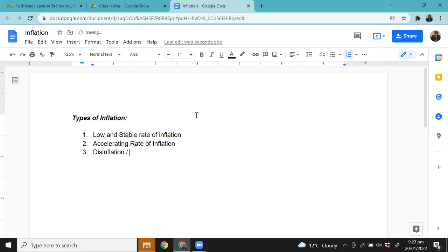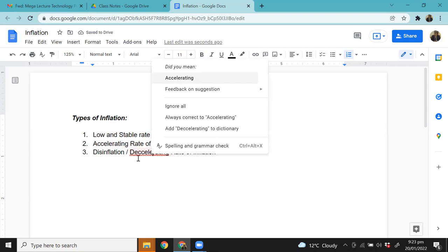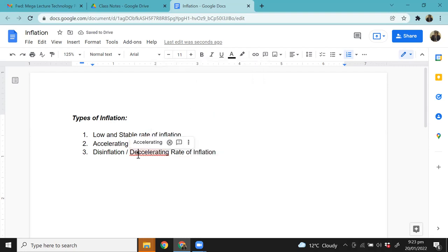Which can also be called decelerating inflation, right? Then you have deflation, right? And yeah, that's pretty much about it.